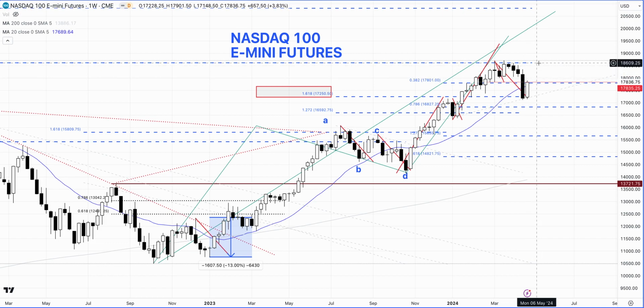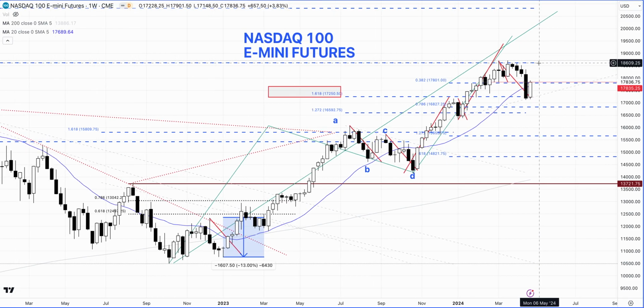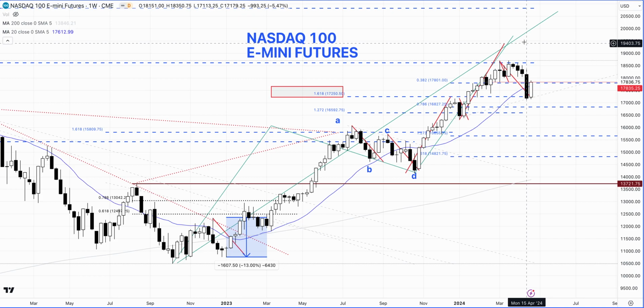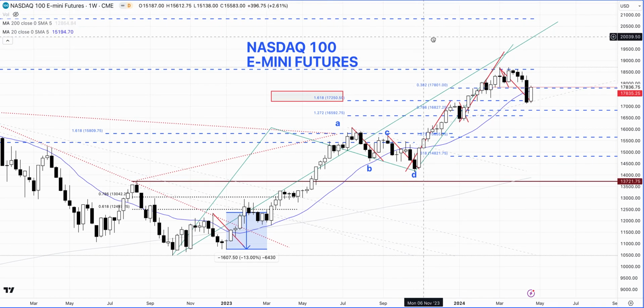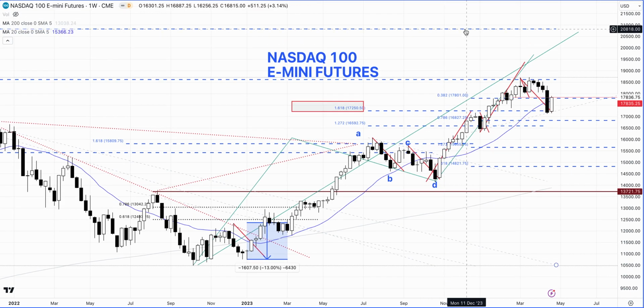1.272 expansion, and we were watching for possible resistance. We did have higher levels as well because of this ABCD, and the ultimate high we are looking at is basically this 1.618 expansion and a completion of this ABCD.